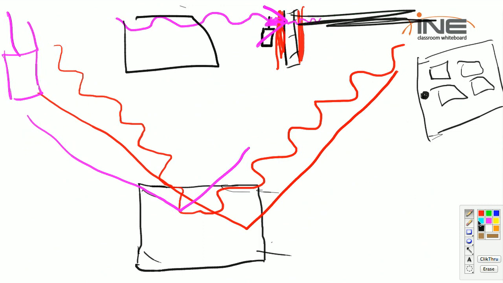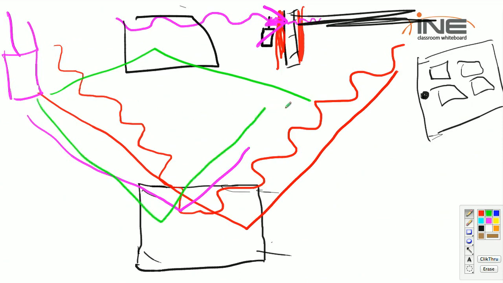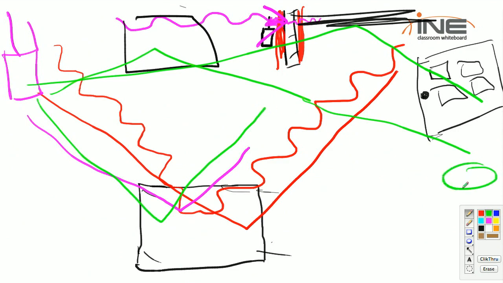So this signal, and I'll use a different color here, is being sent and reflected off of this surface, reflected at a different angle off of this surface, and reflected at a different angle off of this surface, and it's being received by the client, depending on where the client is. Maybe the client's over here somewhere.